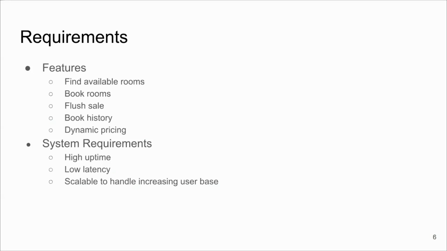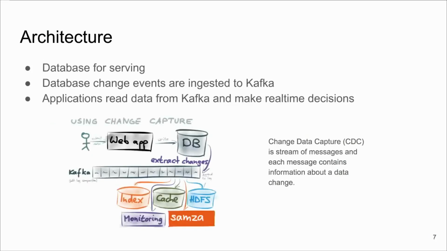If you build those kinds of systems, you need high uptime and low latency, because you want your application to scale to an increasing number of users, right? It's a typical architecture these days. You have a web app, you use a database for serving this web app, and then something like dynamic pricing involves analyzing the bookings of the hotels and doing real-time analytics to make real-time decisions.